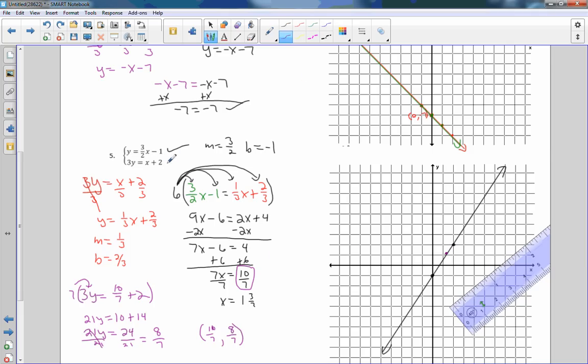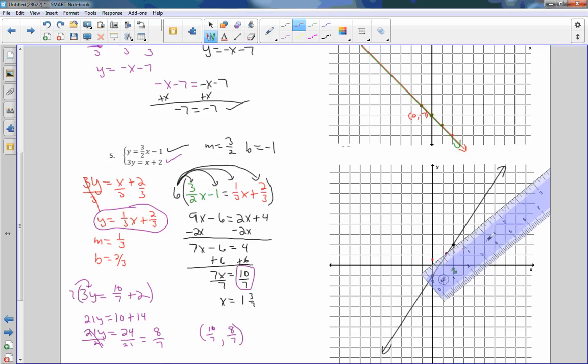And now I want to graph 3y equals x plus 2, and that simplified down to 1/3 x, so that's right here. 1/3 x plus 2/3, I'll do that in red. So my y-intercept is 2/3, so up 2/3 is approximately here. And rise 1, and then go over 1, 2, 3 is right here.